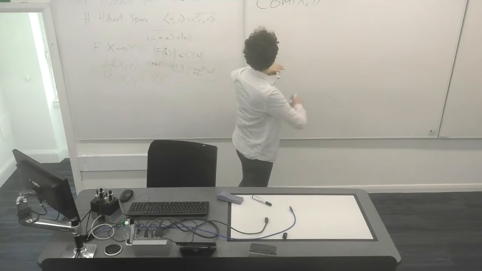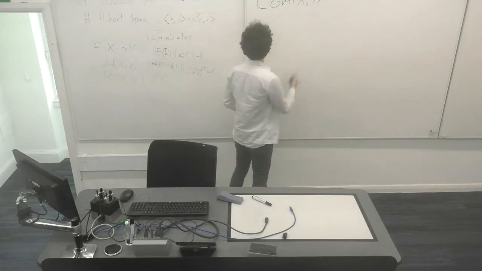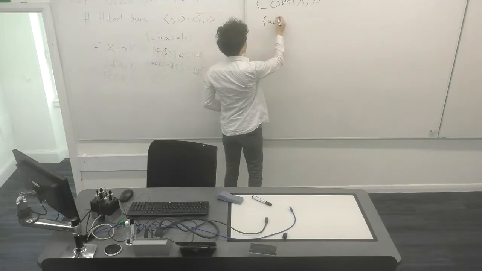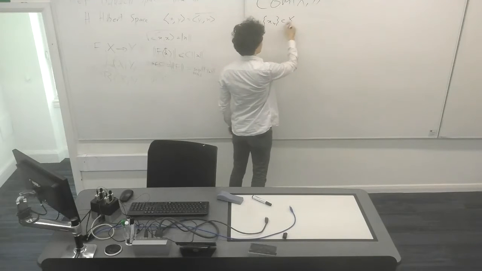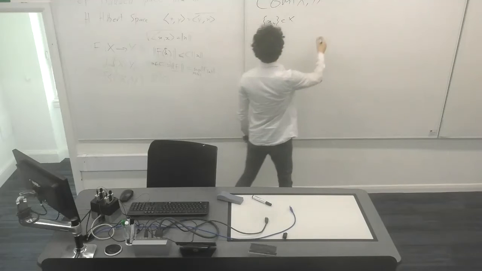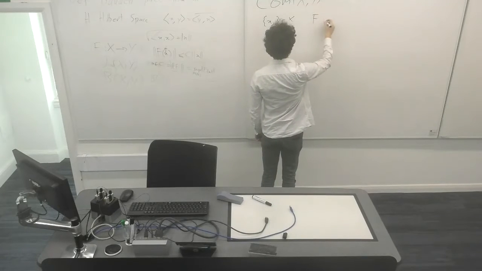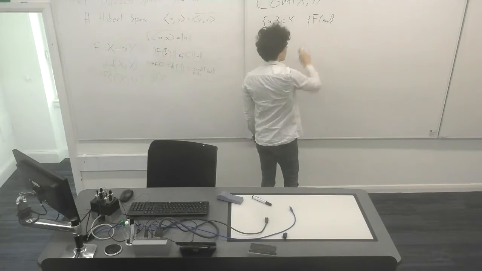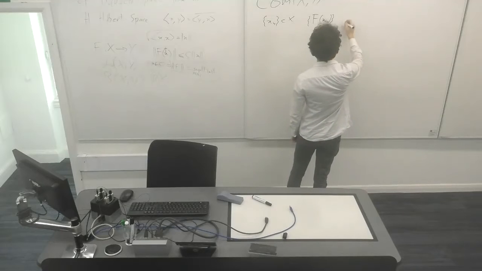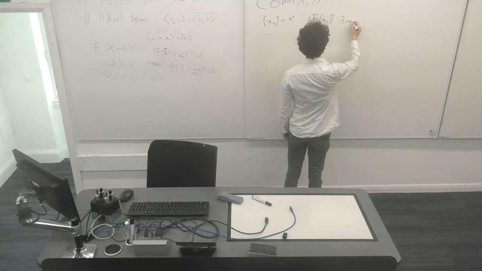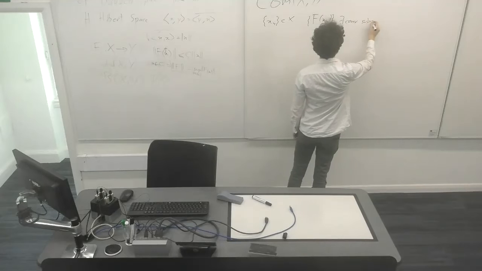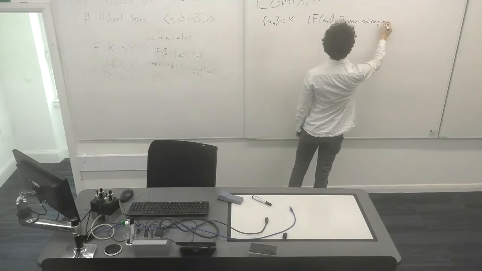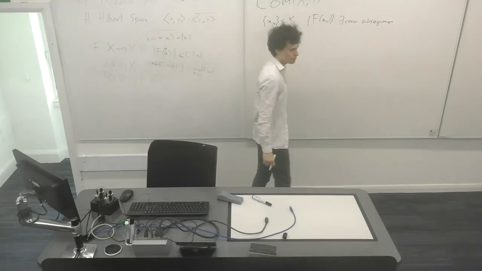If you know what that means, that's fine, but the best definition, I think, is this: you take a convergent sequence in X, then you apply your operator and get another sequence. The operator F is compact if there exists a convergent subsequence.